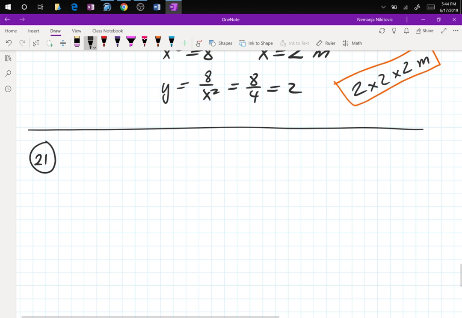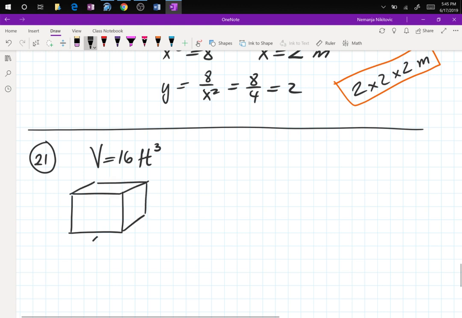A square-based box-shaped shipping crate is designed to have a volume of 16 feet cubed. All right, it's a square. So it's the same shape as before. We are going to have a square base, so x and x, and then a y on the top.